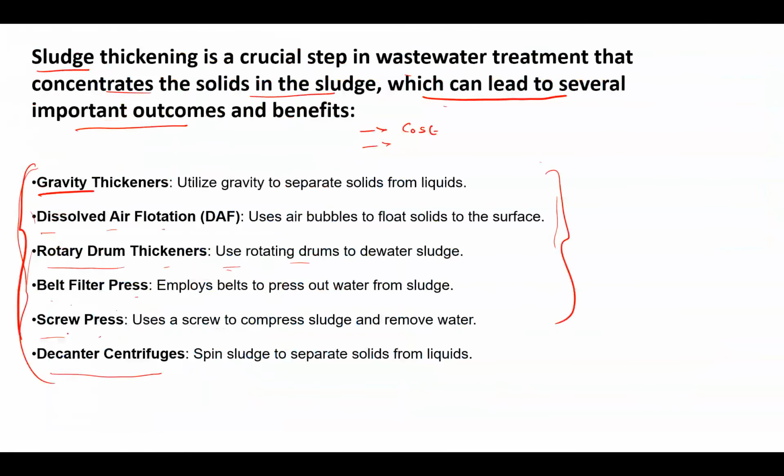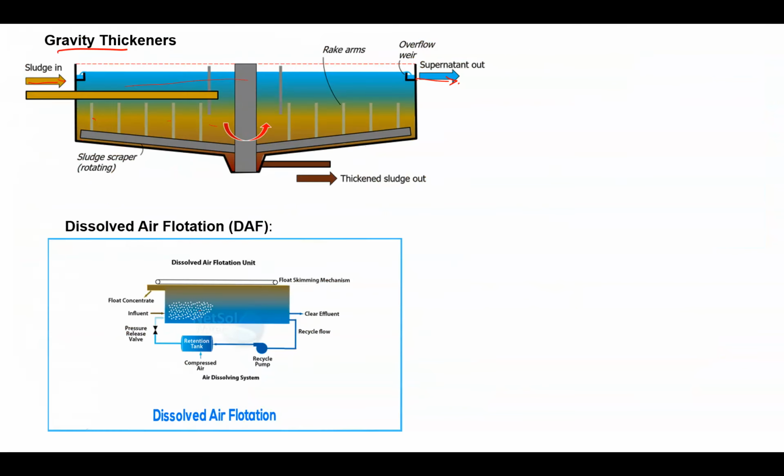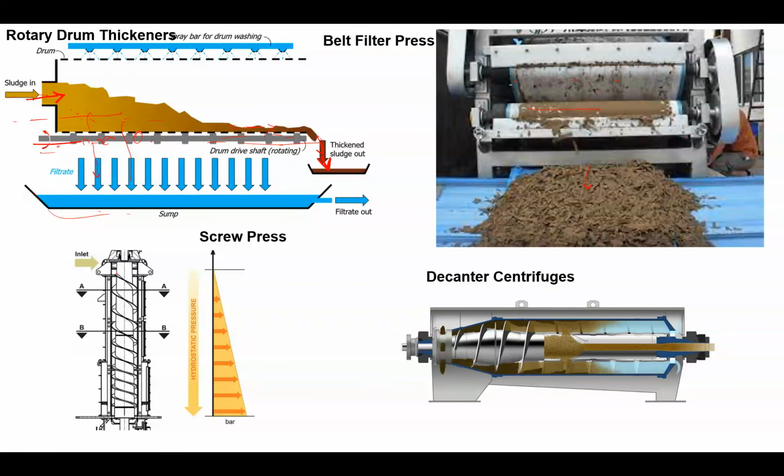And then the screw press, which uses a screw to compress the sludge and remove the water. You can see the screw grooves here. The sludge inlet is here, then the screw system, and the sludge moves through it.